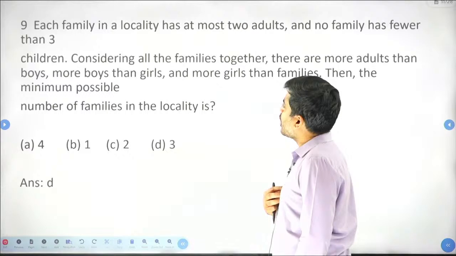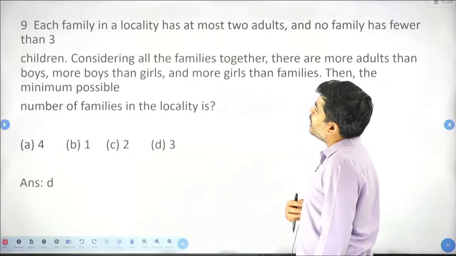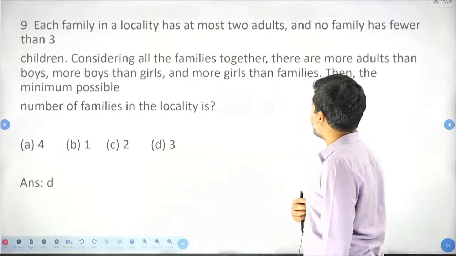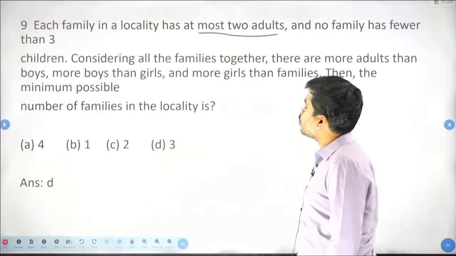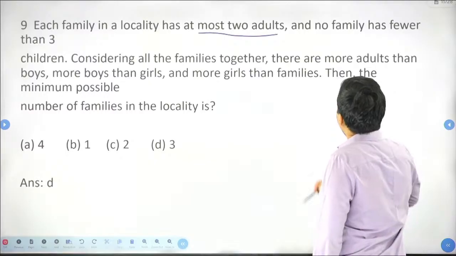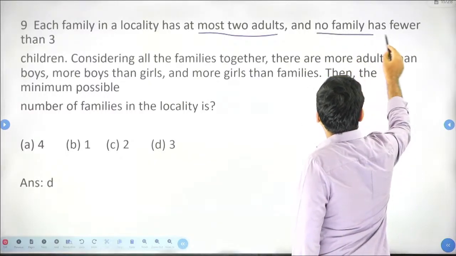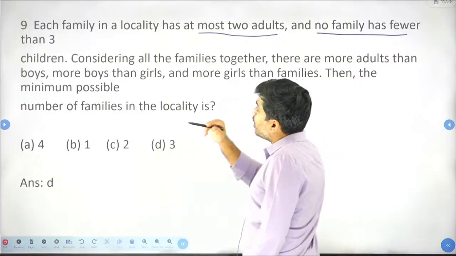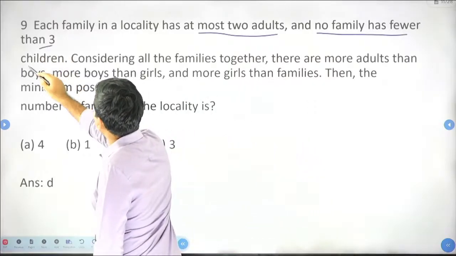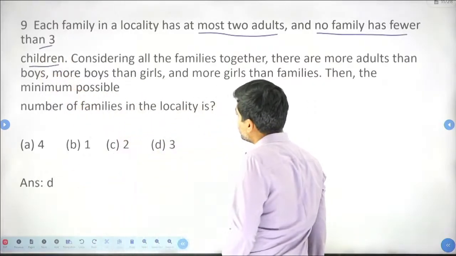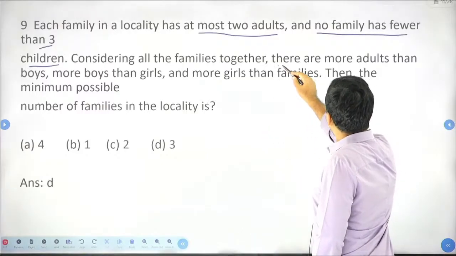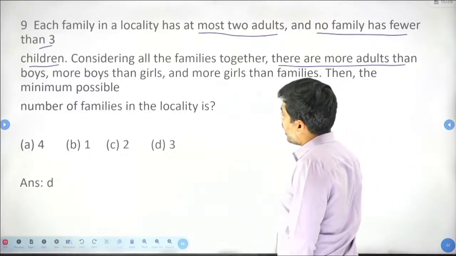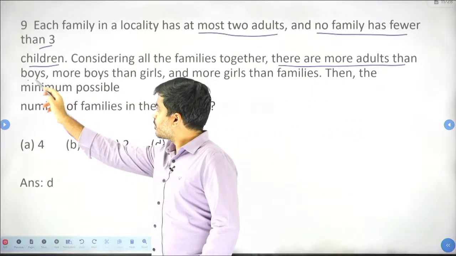Next one. Each family in a locality has at most, means maximum, 2 adults, and no family has fewer than 3 children. Considering all the families together, there are more adults than boys.